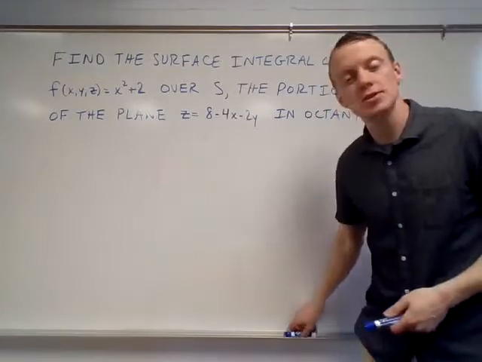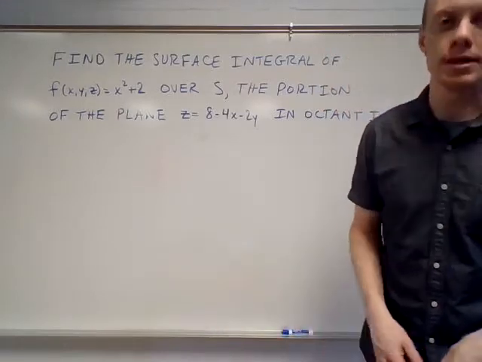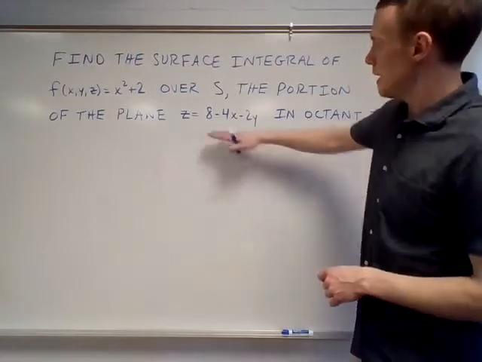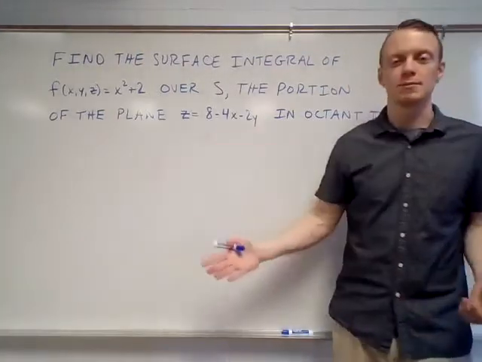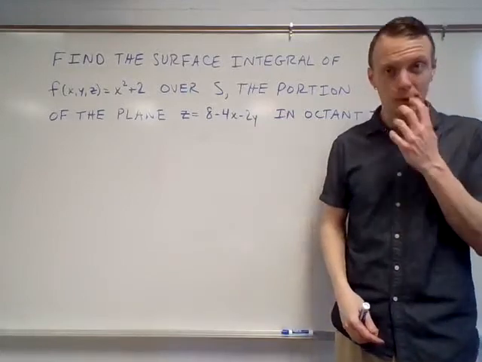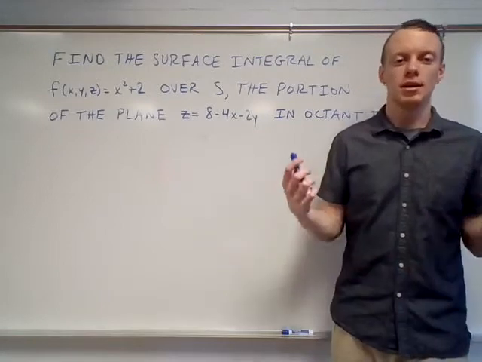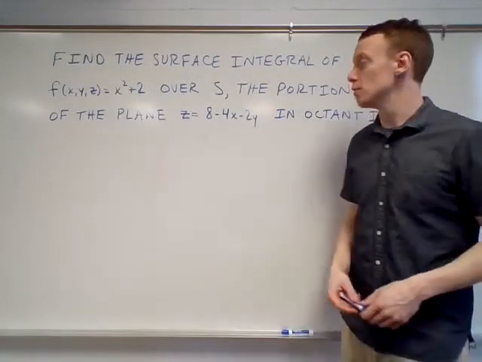So we're going to start off the same way. We need to come up with the parameterization for this surface. Now, our surface is a plane. It's a function of x and y. So we have a very basic way to parameterize a function of two variables.